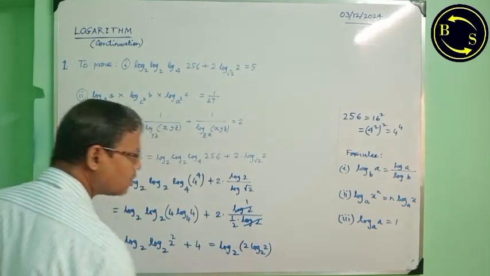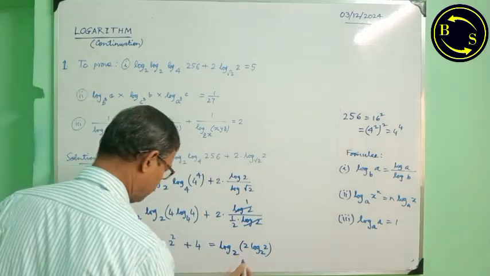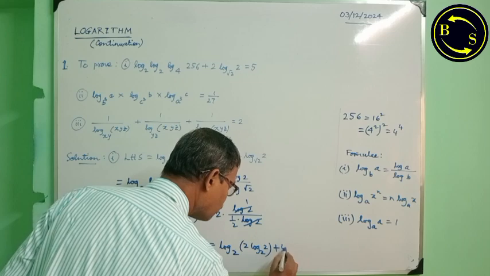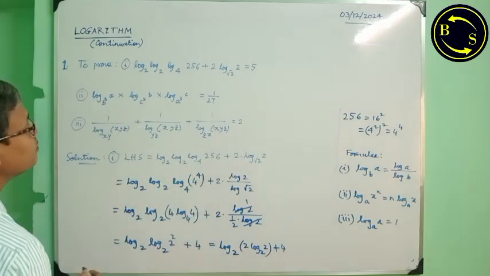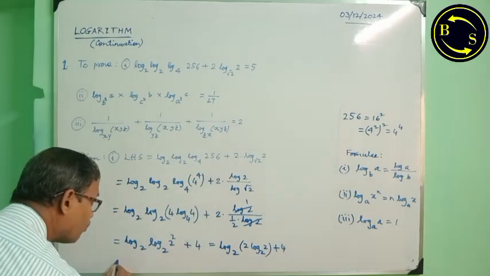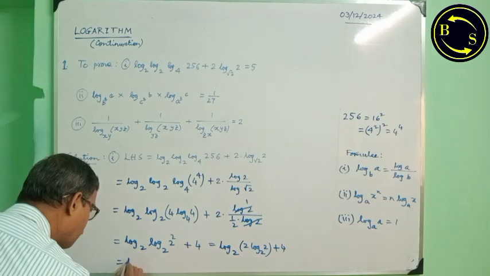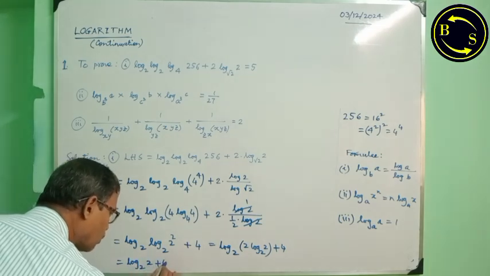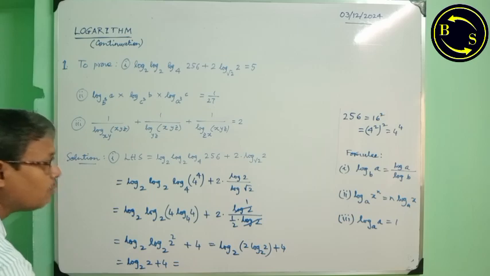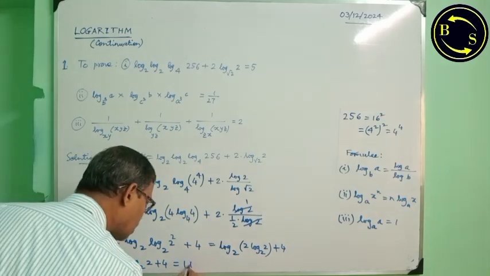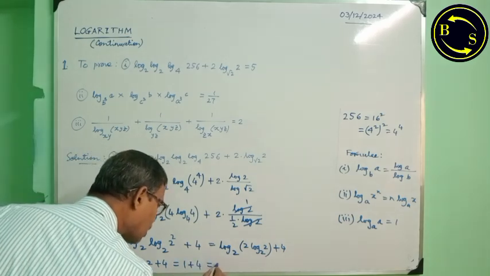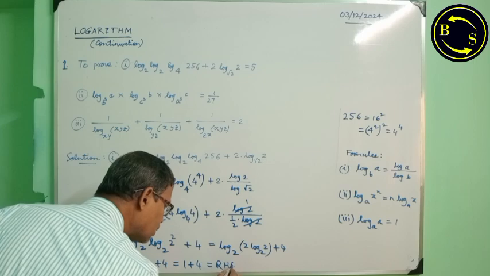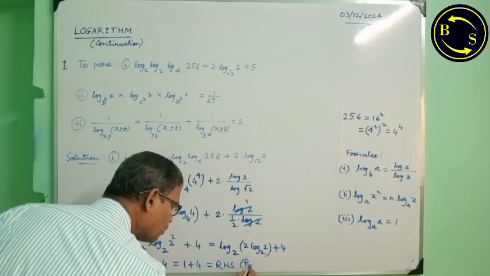You can skip this step also. Therefore, log of 2 to the base 2 plus 4 log of 2 to the base 2, that is 1 plus 4, that is the RHS part, proved.